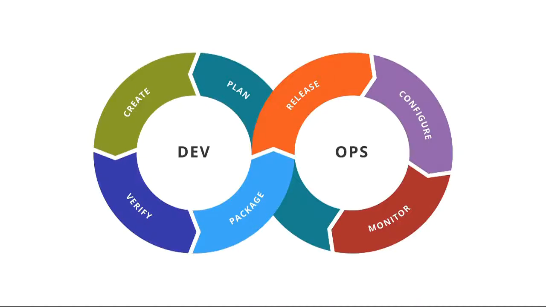But the world has changed, and it's not just about developing for 2 or 3 months something and then building it and packaging it and releasing it. Now the process is continuous. We need to be in a continuous cycle of development and operations, because we are developing and testing and updating things all the time.